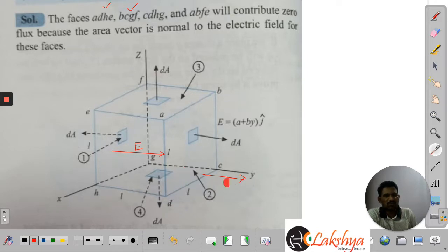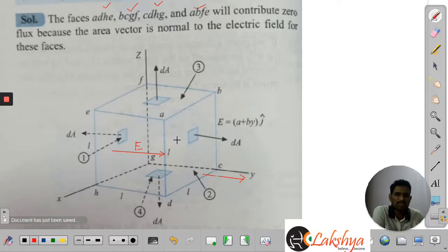So the electric field is parallel to the surface and the area vector is perpendicular to the surface, so the flux passing through this base is also 0. Similarly, the flux passing through the top surface is also 0, since the electric field is parallel to the plane and the area vector is perpendicular to it. So the electric flux through these 4 faces will be 0.